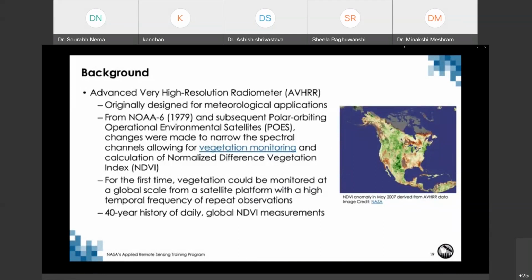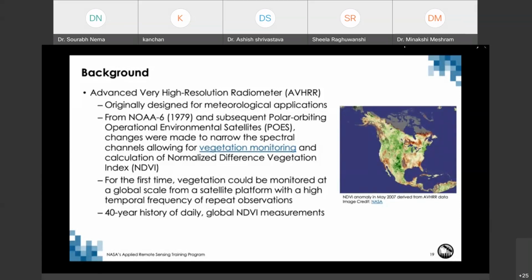Originally designed for meteorological applications, the Advanced Very High Resolution Radiometer, or AVHRR, instrument was launched on NOAA 6. It was the first time vegetation could be monitored globally from a satellite platform with a daily revisit time. The first 3 Landsat missions had a revisit time of 18 days.